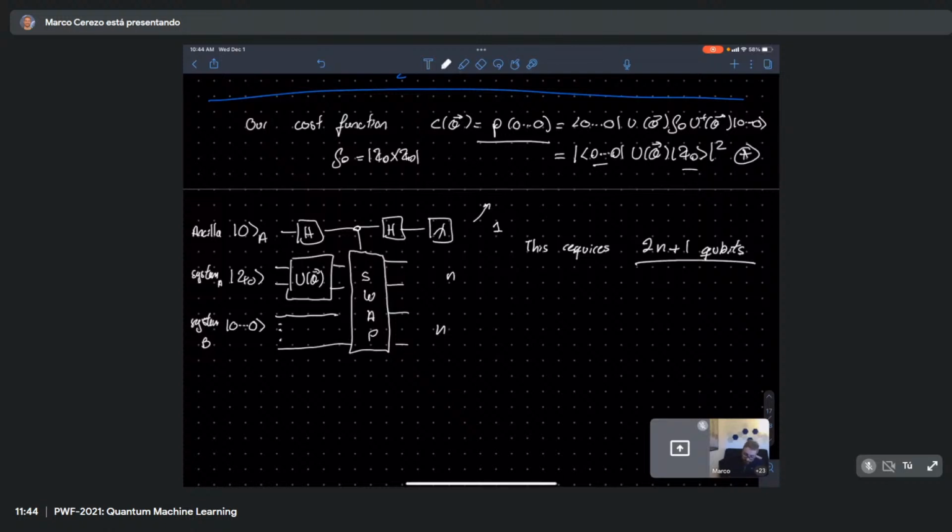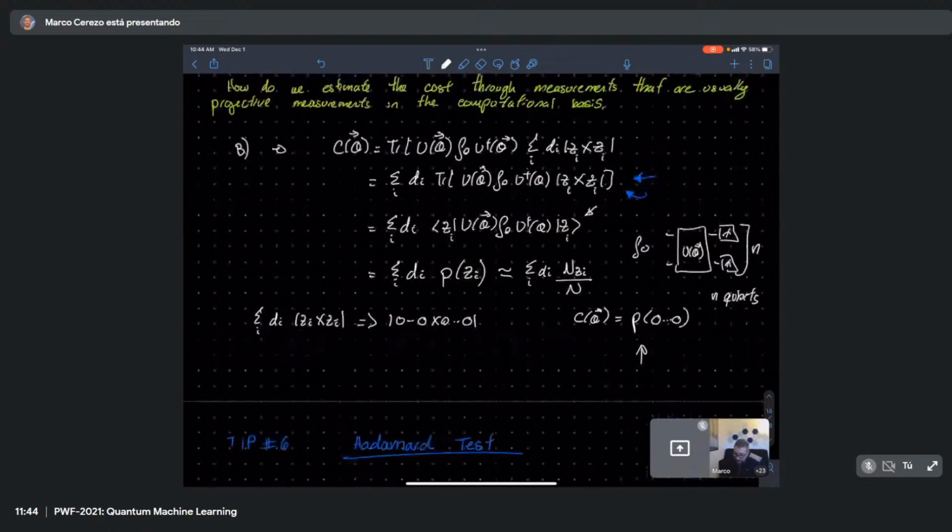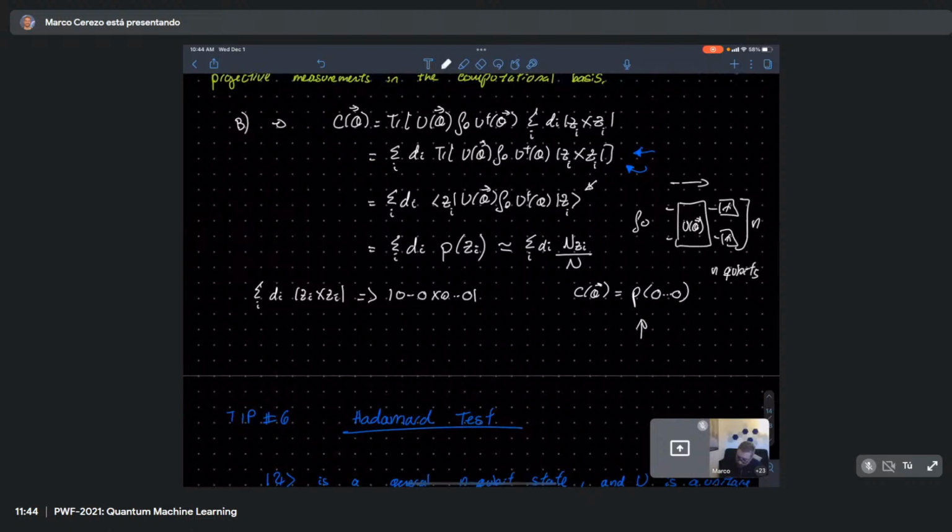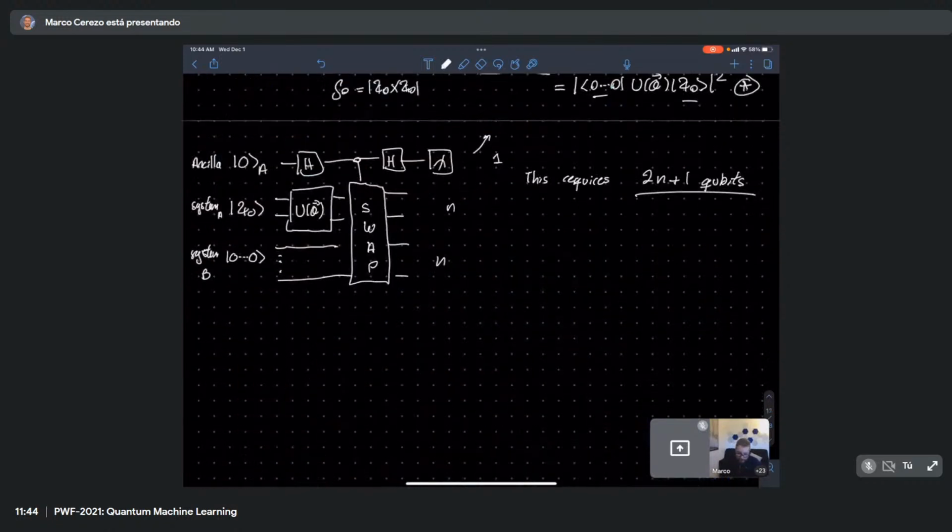And also imagine that our circuit U had a depth of L. So now we start to do a resource analysis. How many qubits do we need to estimate my cost function? What's the depth of the circuit? Imagine that this has L gates in parallel. Well, this circuit has L gates here, but I also have to implement this control swap operator. And doing a control swap operator usually requires a bunch of CNOTs. And this is a non-trivial thing that we need to do.